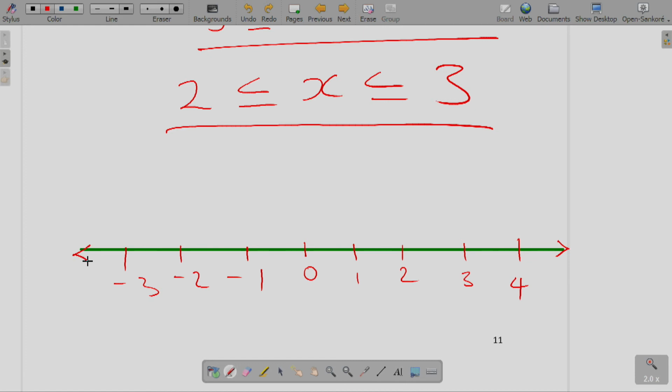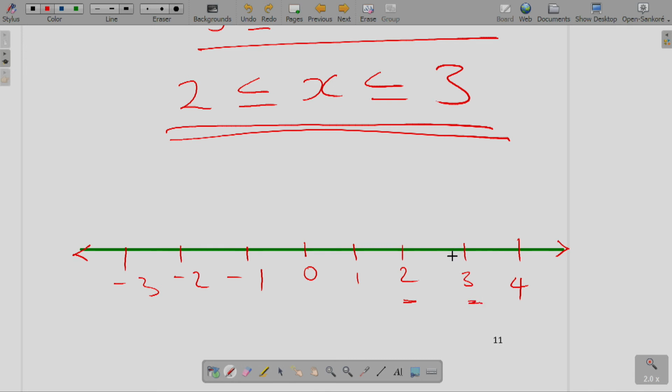This is a number line, and we are required to show this inequality on it. This inequality involves two numbers, which are 2 and 3. On this number line, number 2 is this one and number 3 is this one.